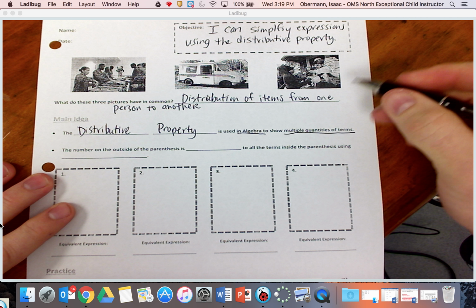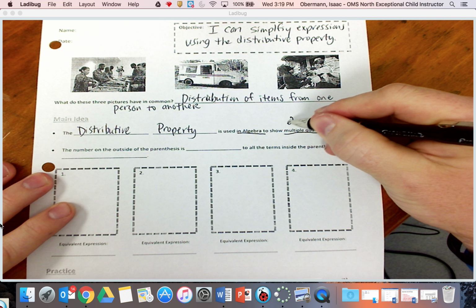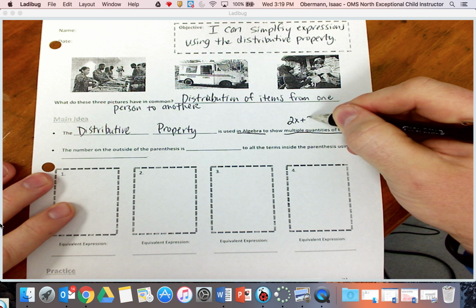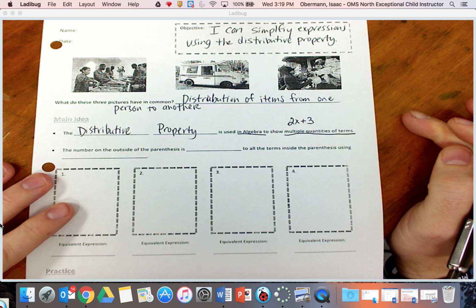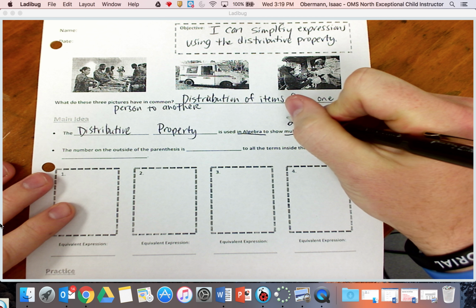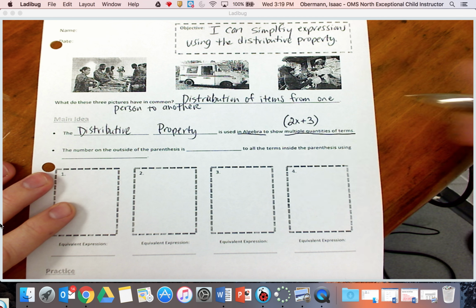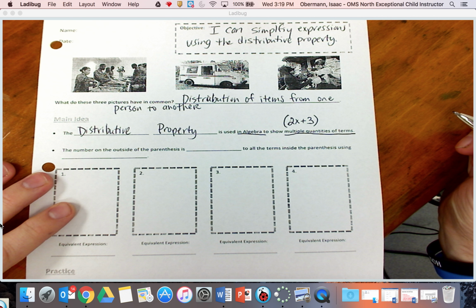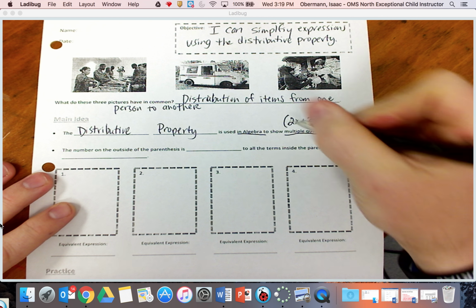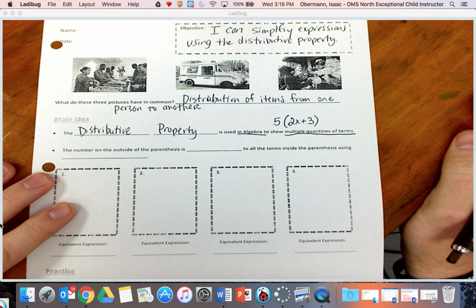So what I mean by this is I could have the terms 2x plus 3. That could be one big term or one big expression that I have. And what I want to do is say all of a sudden, man, I'd like to have 5 of those things. So basically I say, okay, if I want 5 of those, I can either add them 5 times or I can multiply it by 5.